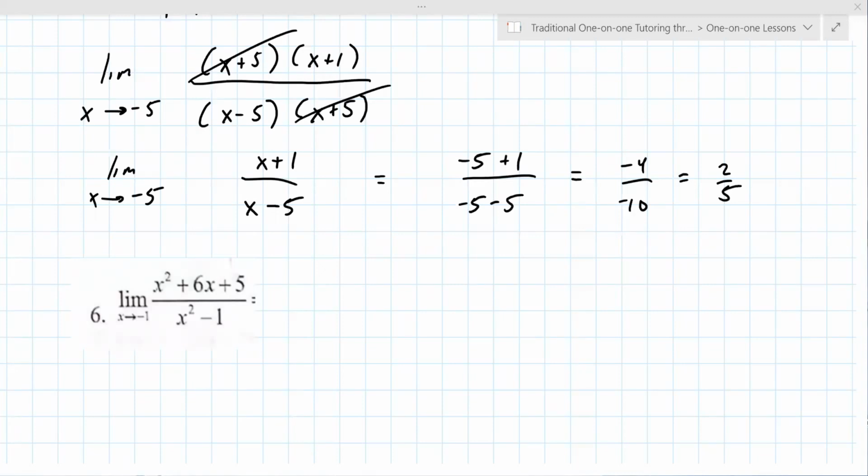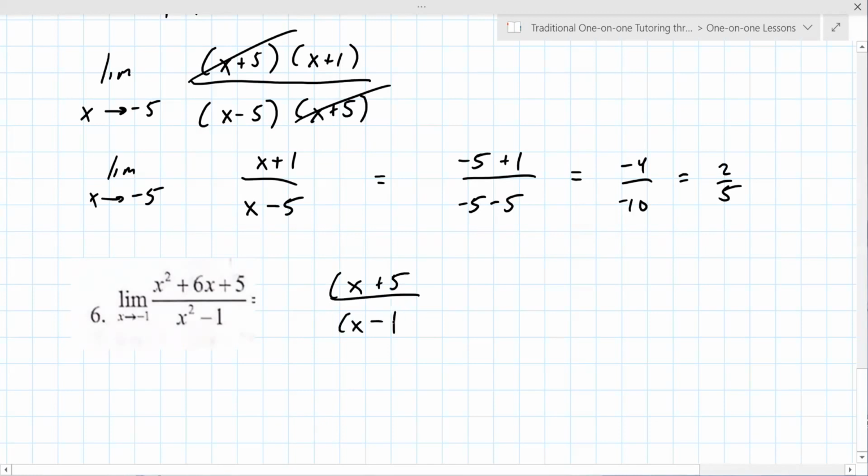Yes, that's correct. You should have gotten this down to x plus 5 over x minus 1, and then you plug 4 in. Okay, very good.